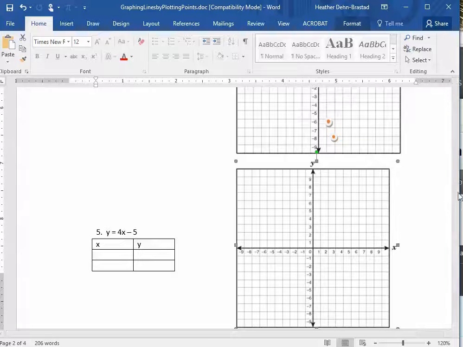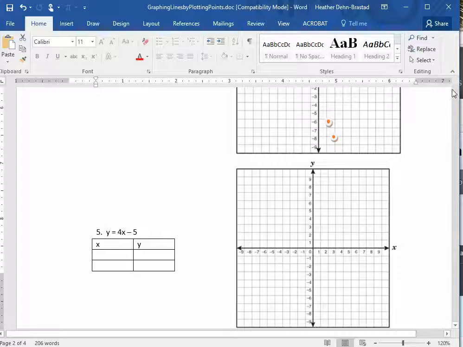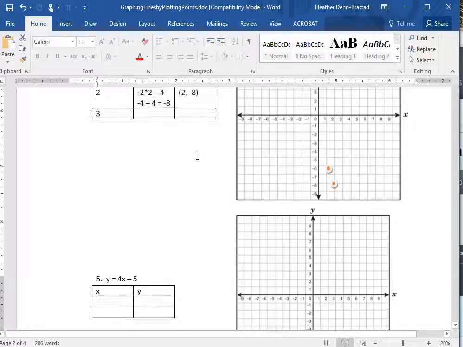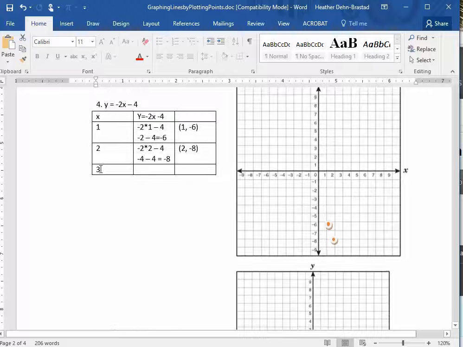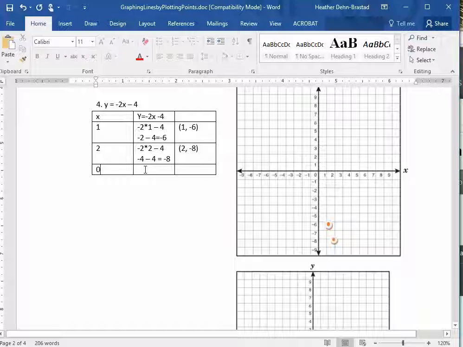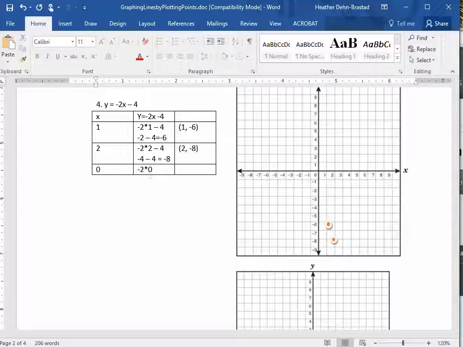So you know what I'm going to do? I'm going to change, instead of using 3 here, I think I'm going to go back and put 0 here, because then it'll go higher. So I'll have negative 2 times 0 minus 4.